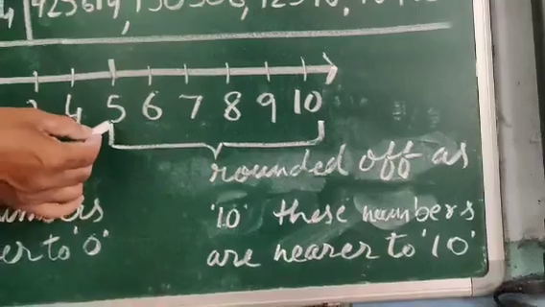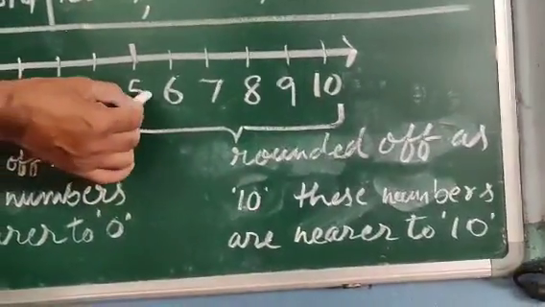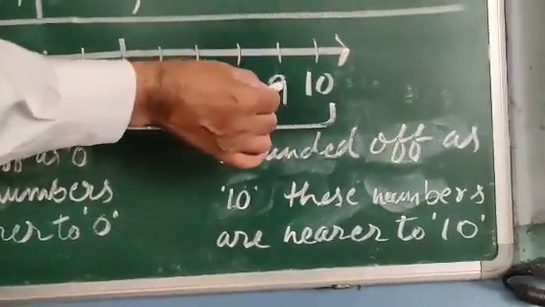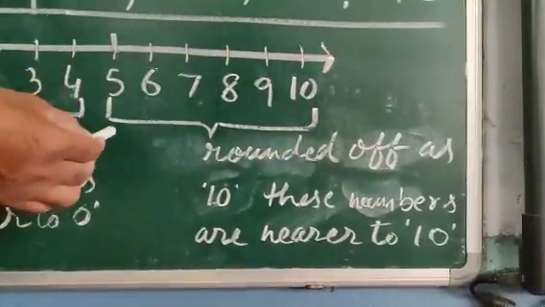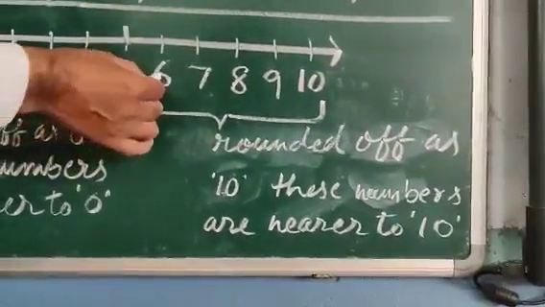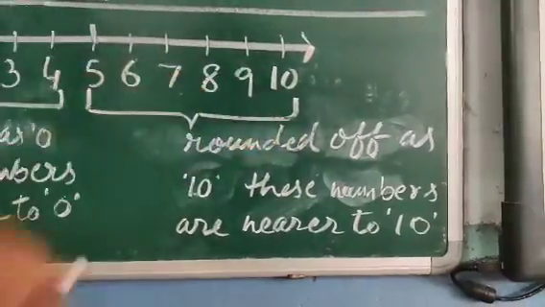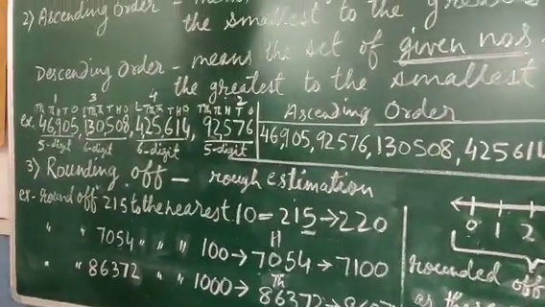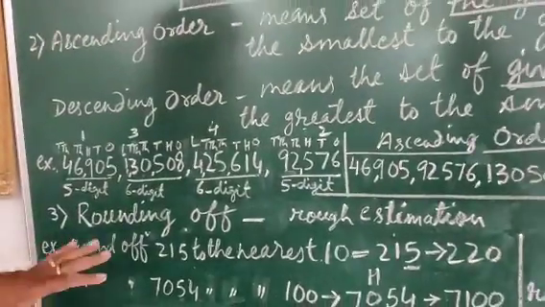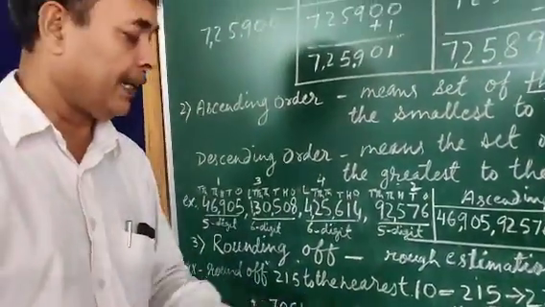Here, numbers 5, 6, 7, 8, 9 are nearer to 10. So, these numbers will be rounded off as 10. Let us understand it with the help of a few examples.